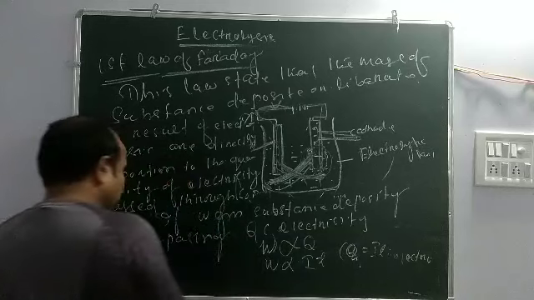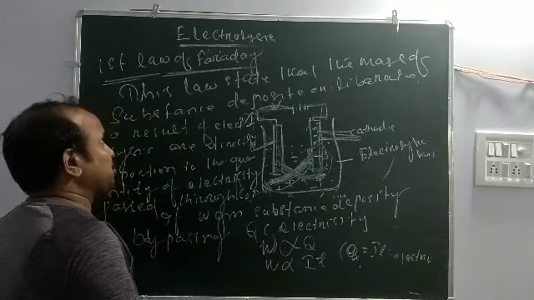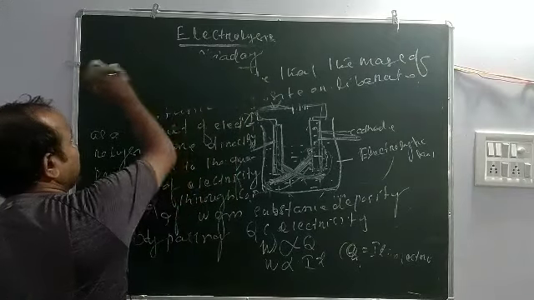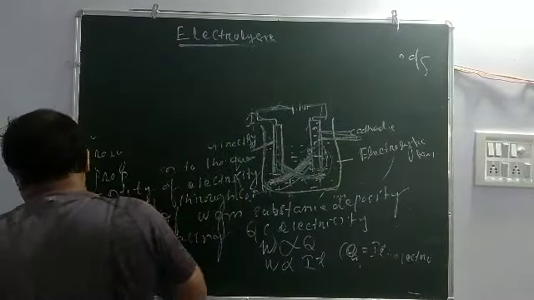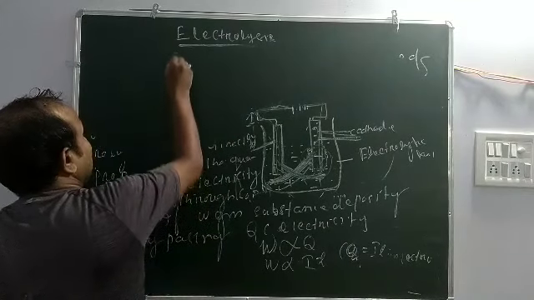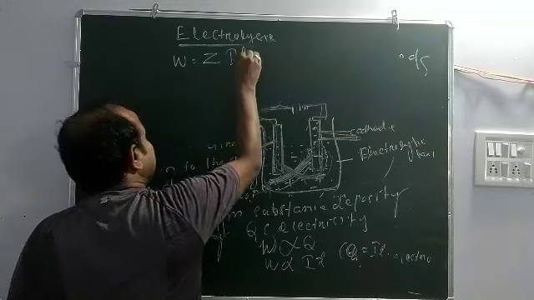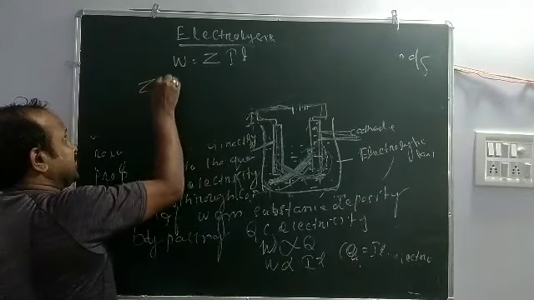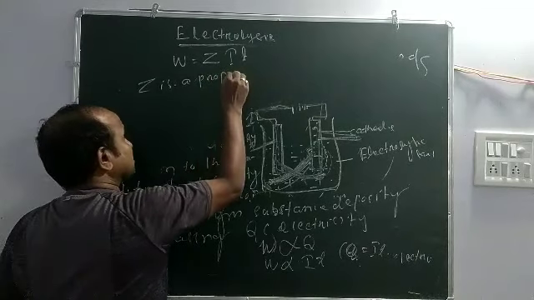Okay, and you know that when we remove the proportional sign, then we put a constant. Means W equals Z I t. Z is a proportionality constant.